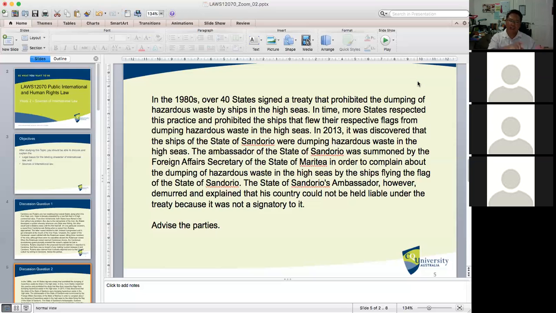In other words, the question is, can customary international law evolve out of a treaty so that even those who were not original parties to the treaty can be bound to customary international law that evolved from a treaty? That's the question. What do you think?